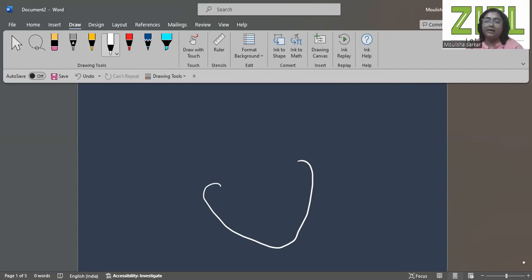I follow this method. It's a basic diagram, but we can understand all the parts from here. First I will draw the structure and then I will label.